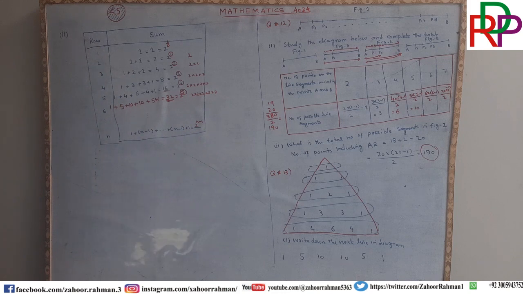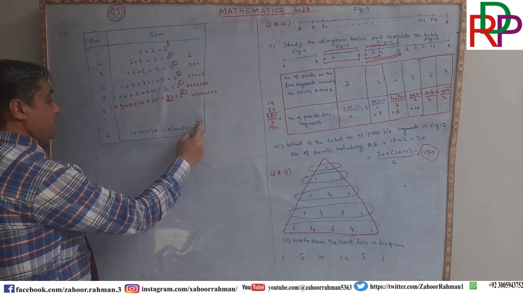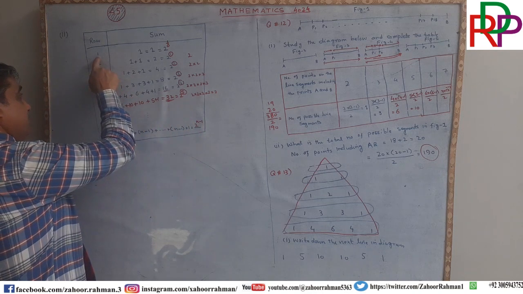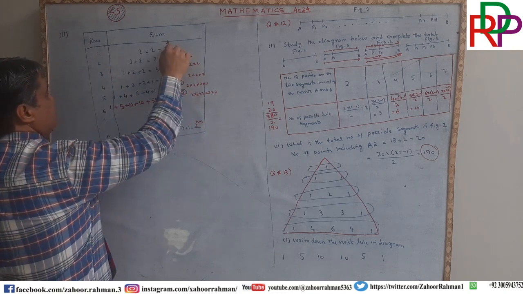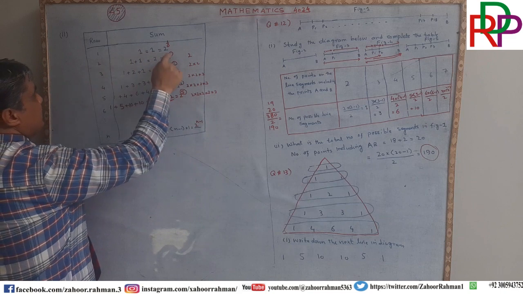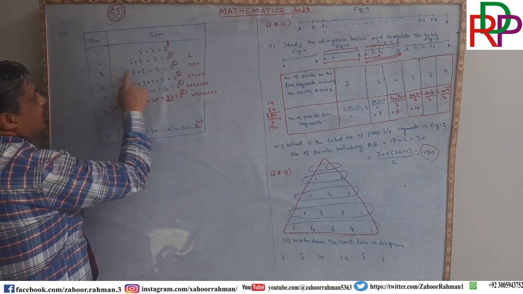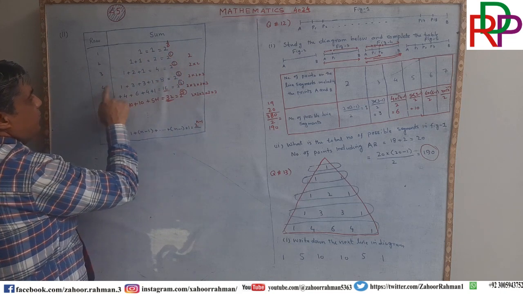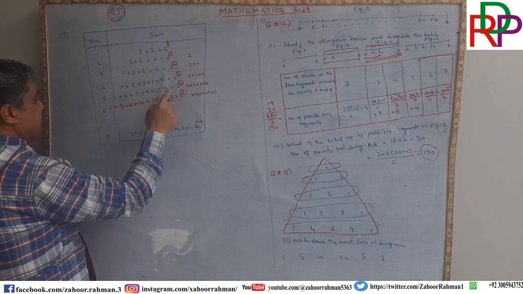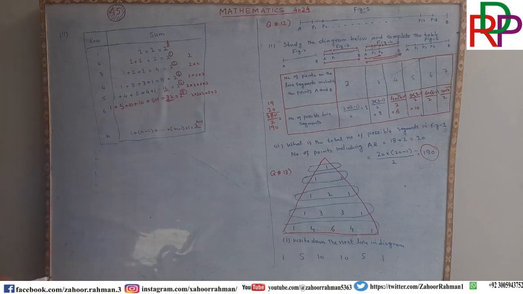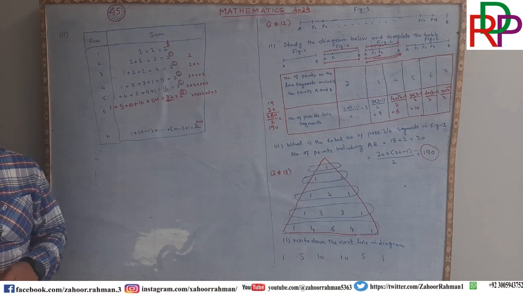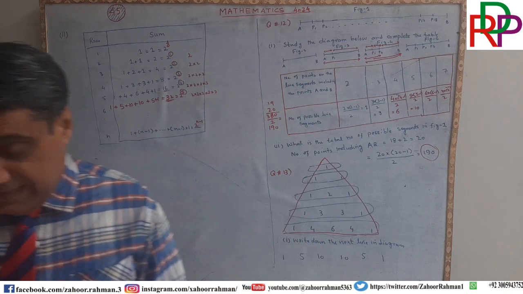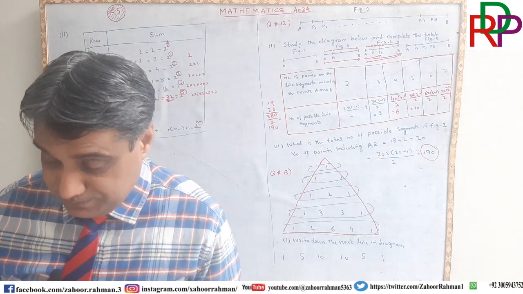General formula is 2 raised to the power n minus 1, where n is the row number. 1 minus 1, 0. 2 minus 1, 1. 3 minus 1, 2. 4 minus 1, 3. 5 minus 1, 4. And 6 minus 1, 5.